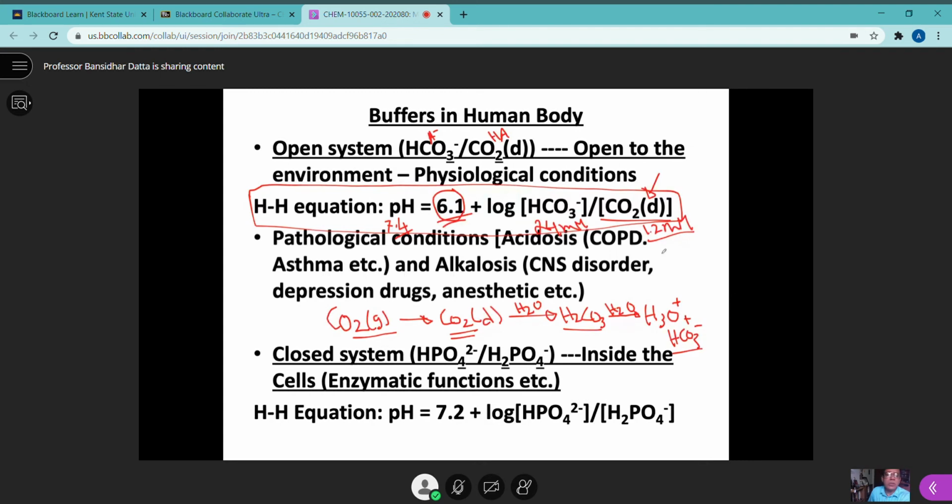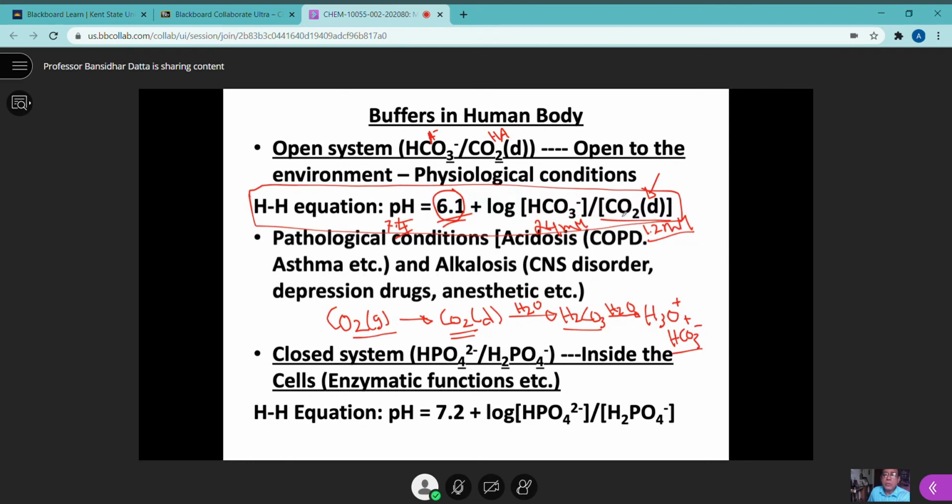One such: if the concentration of carbon dioxide inside the blood is too much, what will happen to the pH? Can someone tell me? Look at the equation. pH equals 6.1 plus log of concentration of bicarbonate divided by concentration of carbon dioxide dissolved.